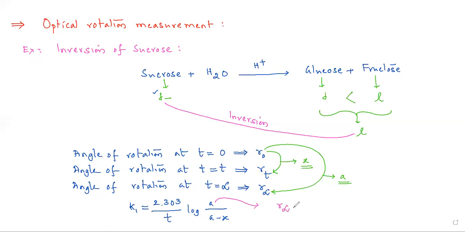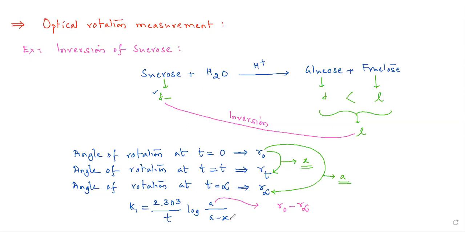R0 minus R infinite, because R0 is a positive value for the dextrorotatory one. R0 is maximum, R infinite is something less than R0, because the angle of rotation decreases during the course of hydrolysis.